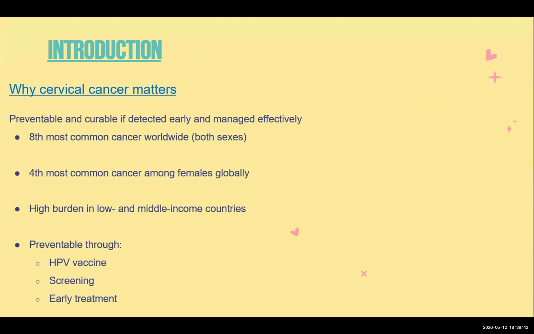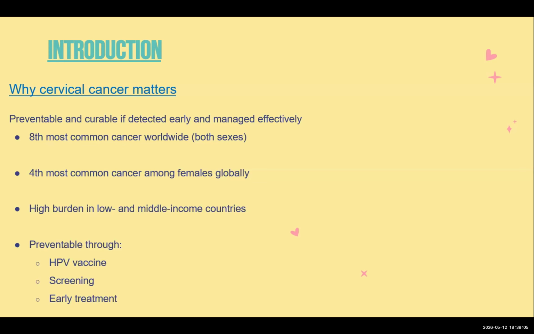So persistent infection with high-risk strains of the human papillomavirus, or the HPV virus, is the primary cause for developing cervical cancer. So effective prevention includes HPV vaccination, cervical screening, and early and timely treatment of abnormal lesions.